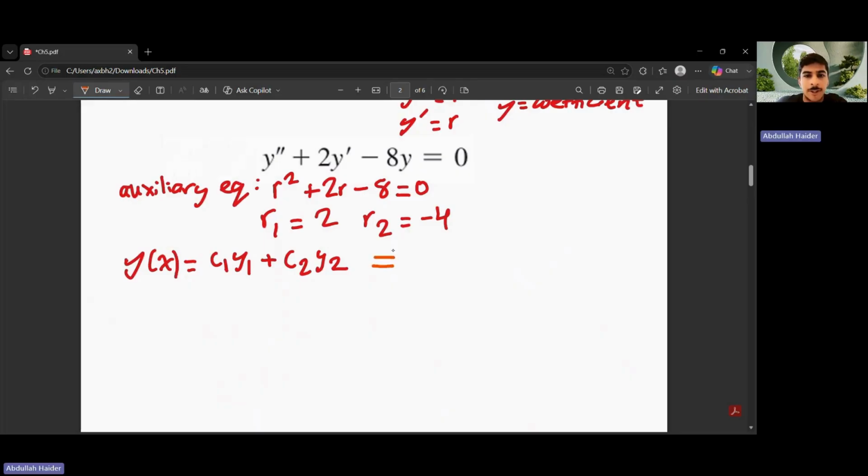So you need to know that these are basically roots.